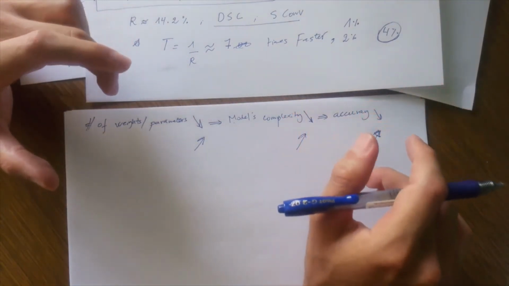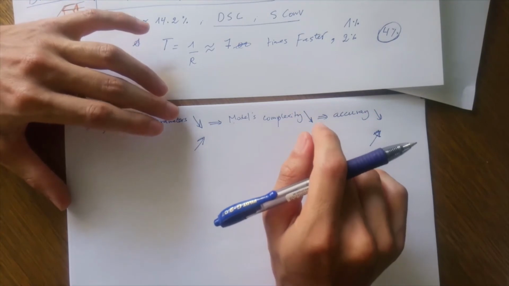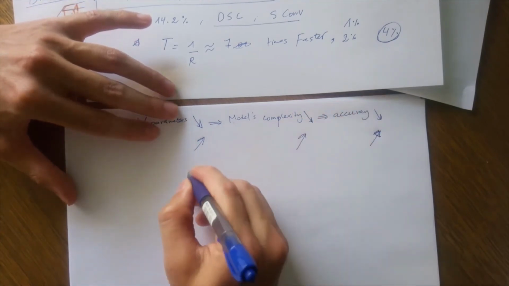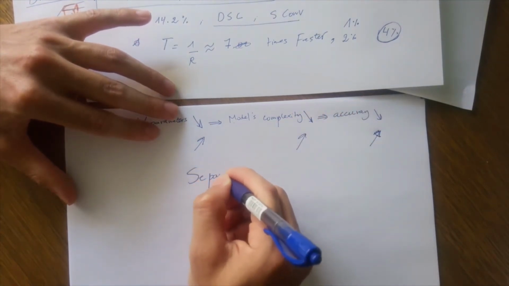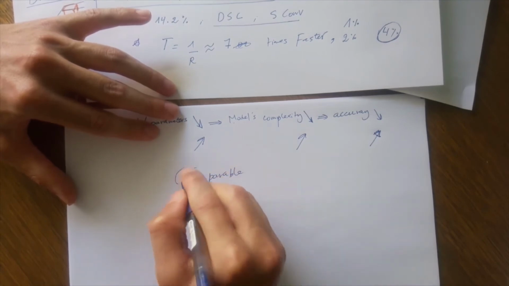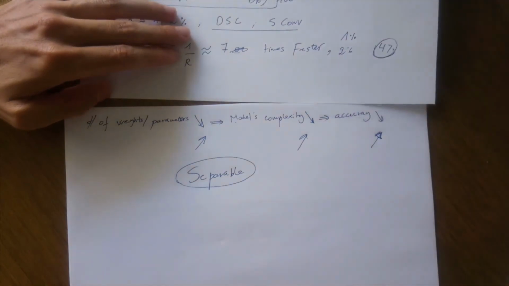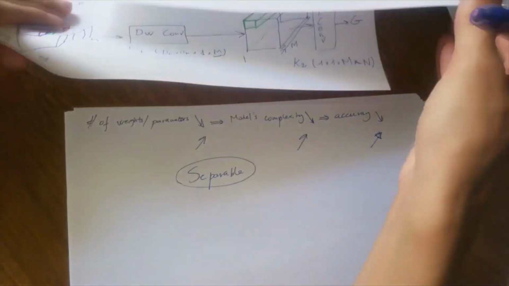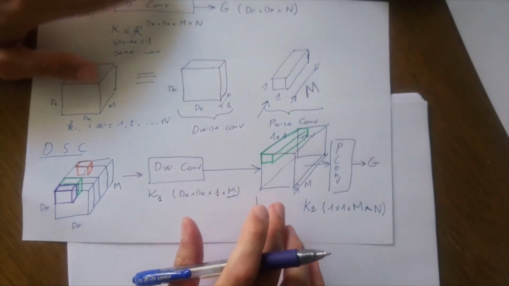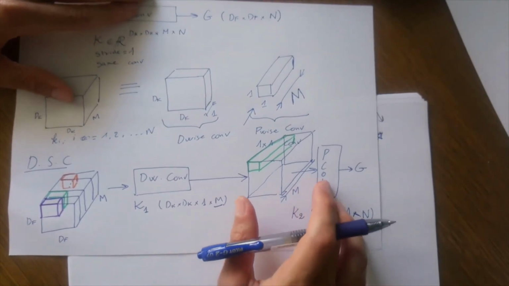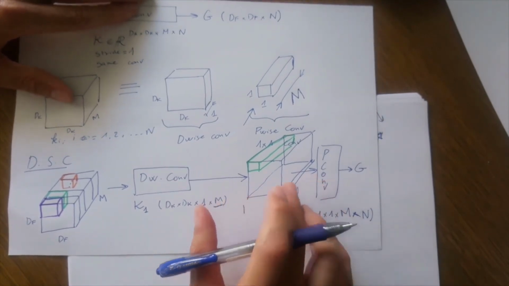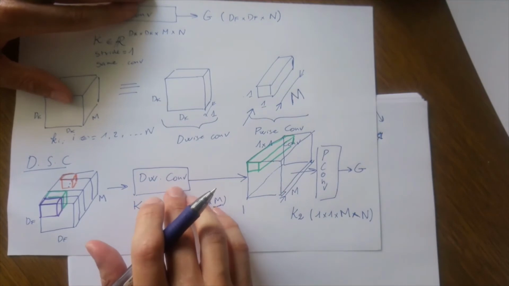But there is one attractive property of depthwise separable convolution, which is this term, separable. So what does that mean? Well, in the original paper, the building block is not exactly like this. So they did not apply a pointwise convolution directly on the result of the depthwise convolution.